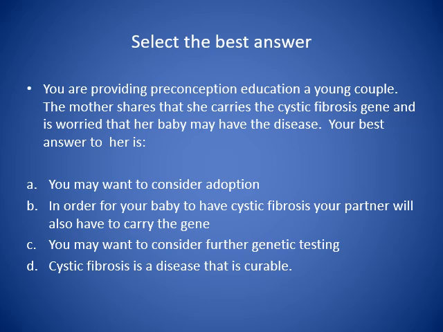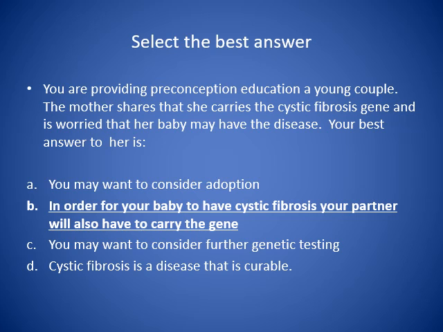B, in order to have a baby with cystic fibrosis, your partner will also have to carry the gene. C, you might want to consider further genetic testing. Or D, cystic fibrosis is a disease that is curable. Answer is B. It's an autosomal recessive gene, so both partners have to carry the gene.